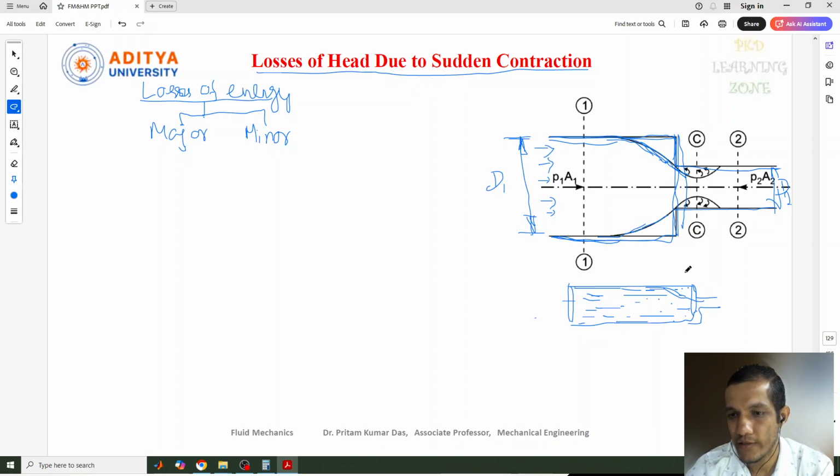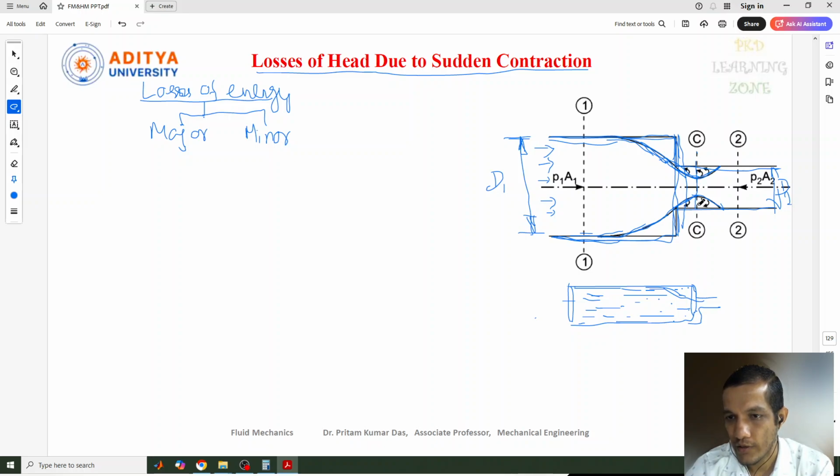Initially it was flowing with the full surface. Now when the sudden contraction happens in the pipe, the fluid changes its path and goes on decreasing. Up to a level it decreases its flow path, and after that it enlarges again.